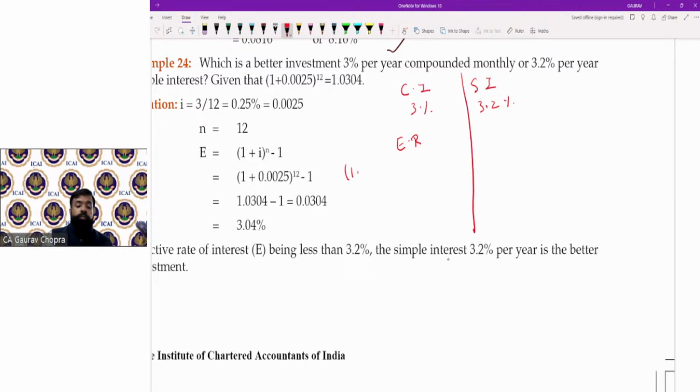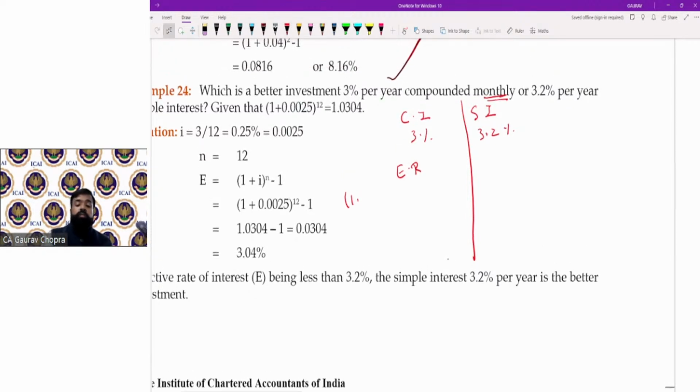So it will be 1 plus... Now, 3% per year, and compounding is done on a monthly basis. So convert time, n will be 12. Convert rate, 3 divided by 12, it will be 0.25%.